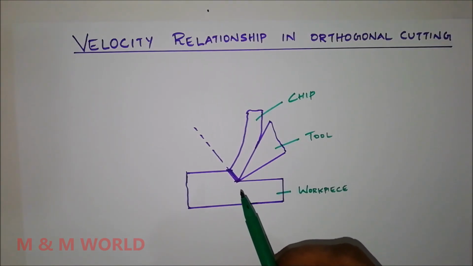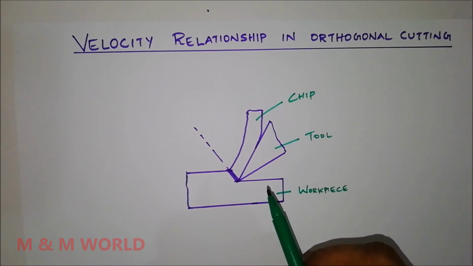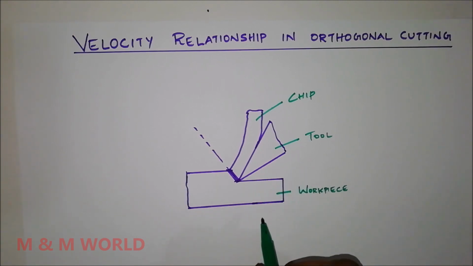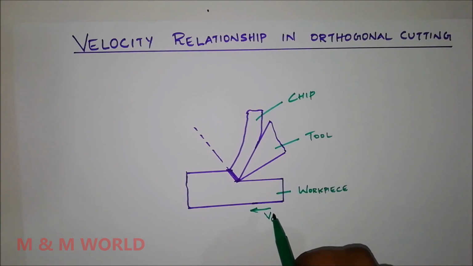In an orthogonal cutting process, three velocities come into existence when the tool cuts the metal. So this is VC, that is the velocity of tool relative to work, or the cutting velocity.